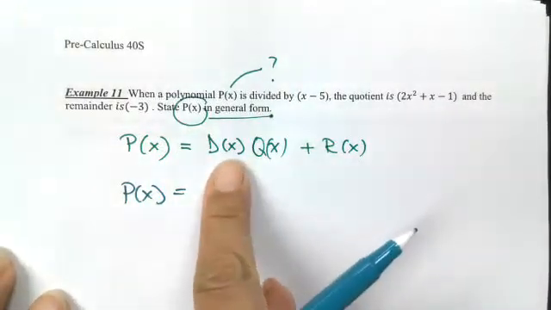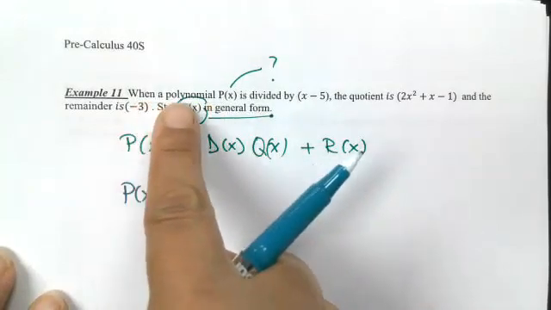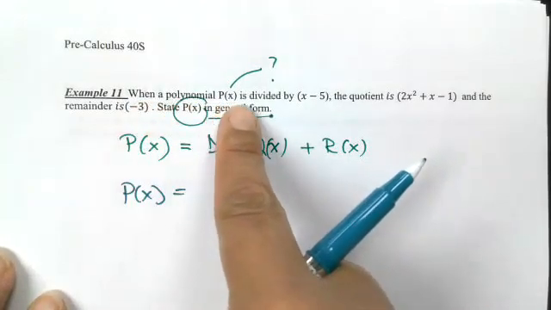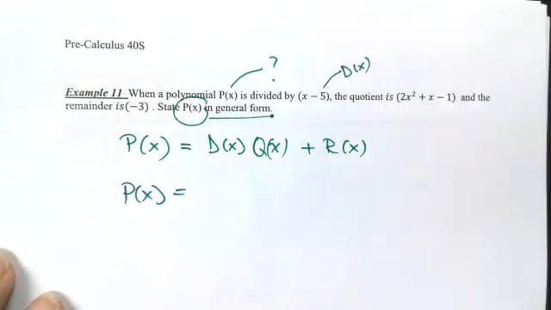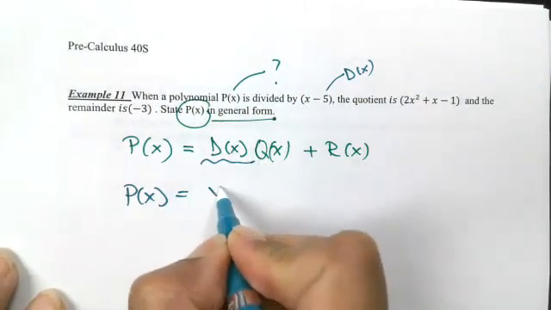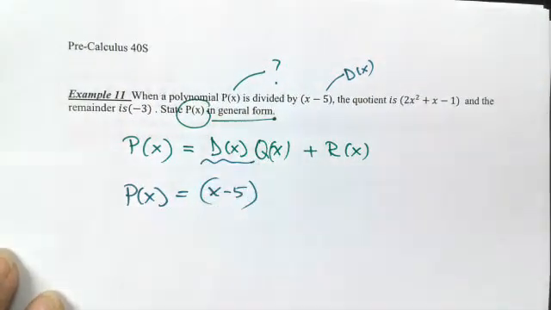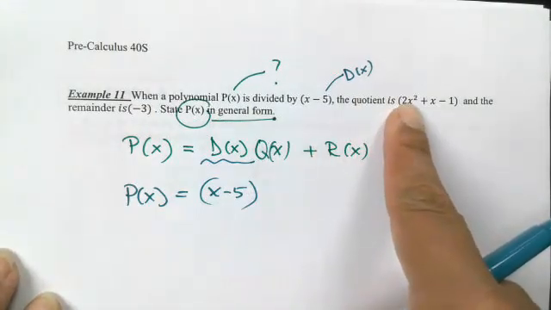Do I know what the d of x is? When a polynomial p of x is divided by, that's our d of x, right? What you're dividing by. So I replace d of x with x minus 5. The quotient is, do I know what the quotient is?